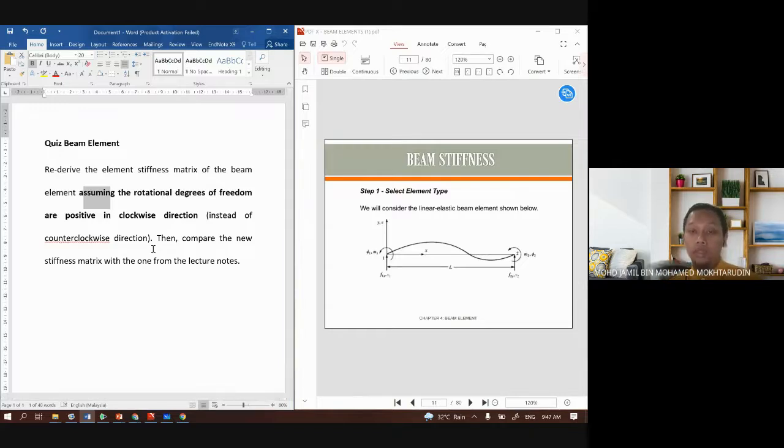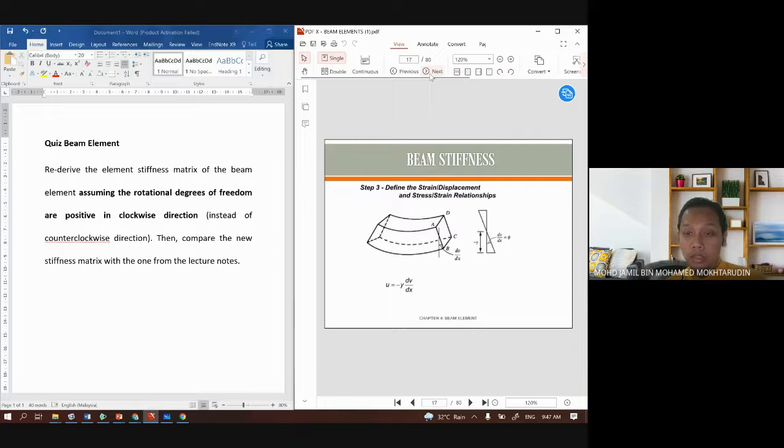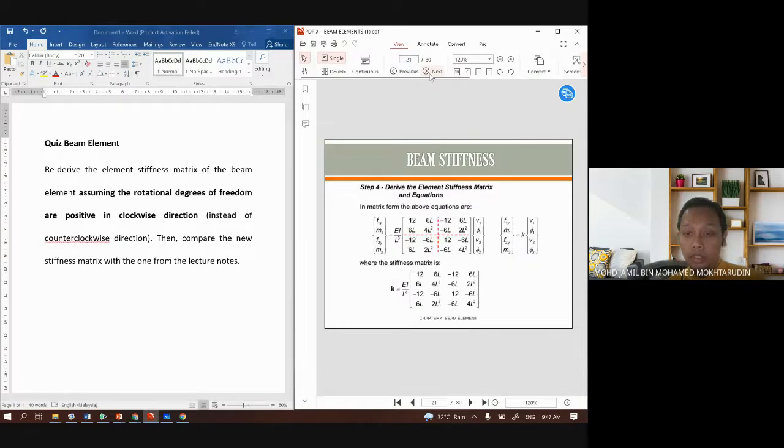Okay, so you rederive and then compare your new stiffness matrix with the one that is derived in the lecture notes. Okay, in the lecture notes, the stiffness matrix is given as this. So what happens if your phi is now positive in the clockwise direction? Does this stiffness matrix change? So try to rederive and then compare your answer with the one in the slides.